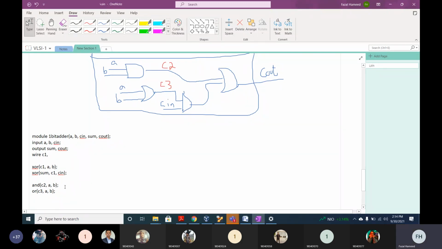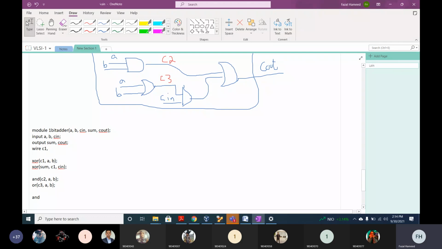What about the other AND gate? You can call another signal. इसकी वायर का पहले C4 एक नाम रखते हैं. C4, comma C3, comma C in.